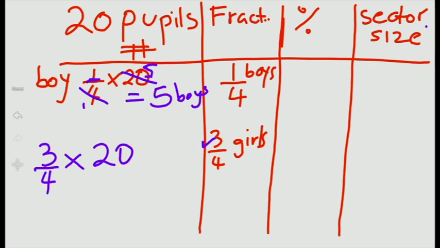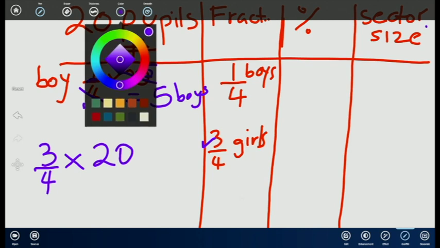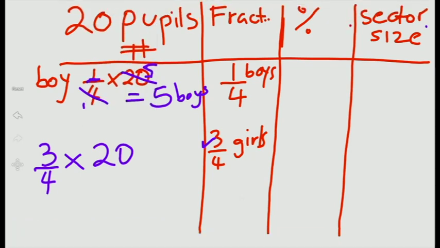So we need to find out what is 3/4 of 20. How many 4s here? 1. How many 4s in 20? There are 5. 5 times the 3 here. This is 15 girls.